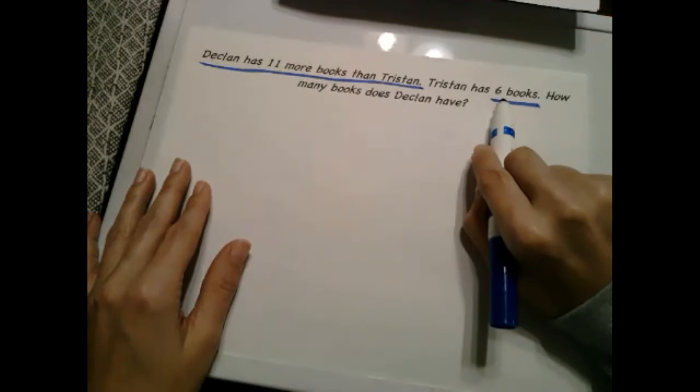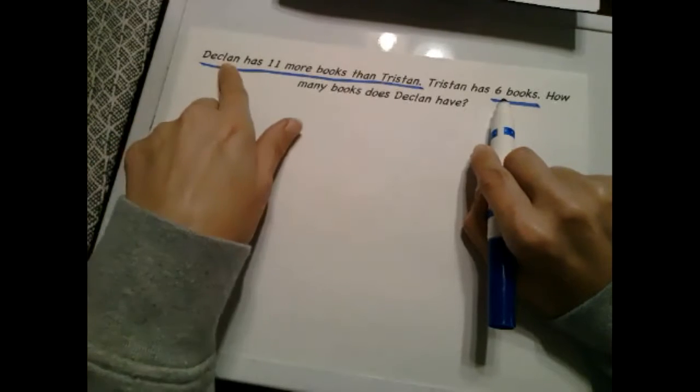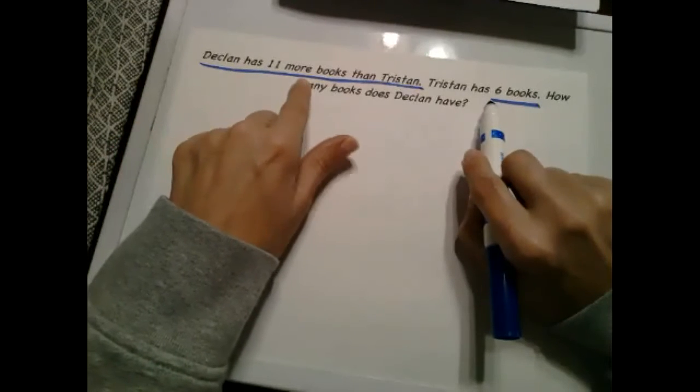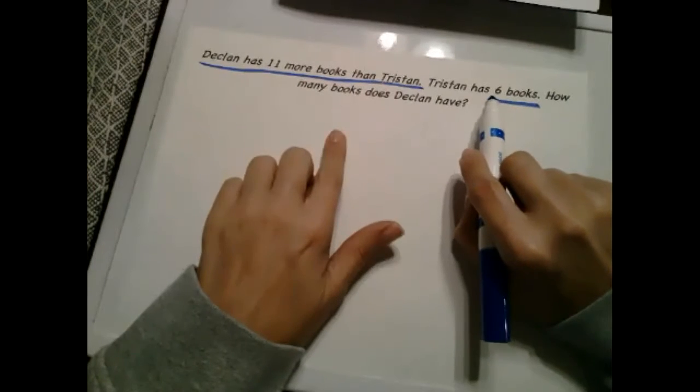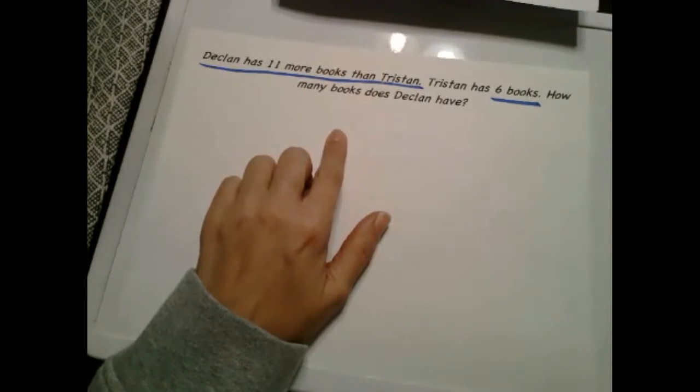Tristan has 6 books, but Declan has 11 more than Tristan. On your paper, go ahead and see if you can write me out an equation that you think would help you solve this problem. When you're ready, hit play.